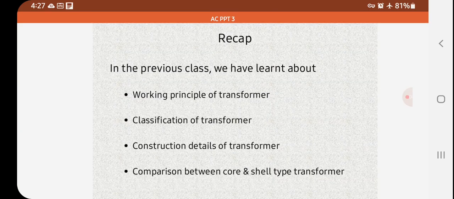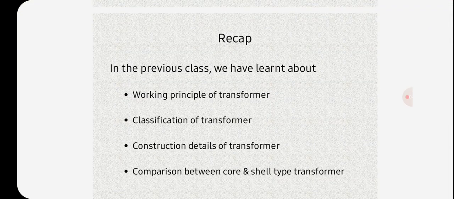So in the last class we discussed the working principle of transformer, classification of transformer, construction details of transformer, and comparison between core and shell type transformer. In the working principle, the transformer depends on the electromagnetic induction principle.